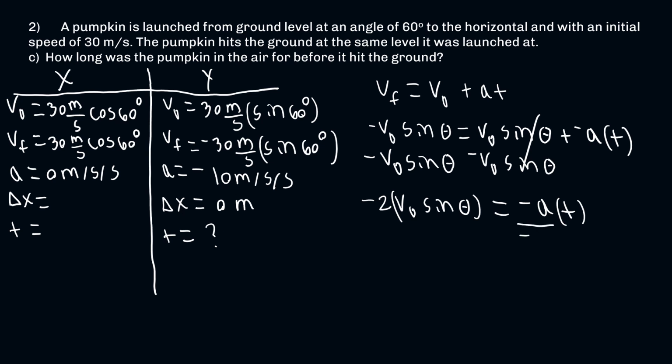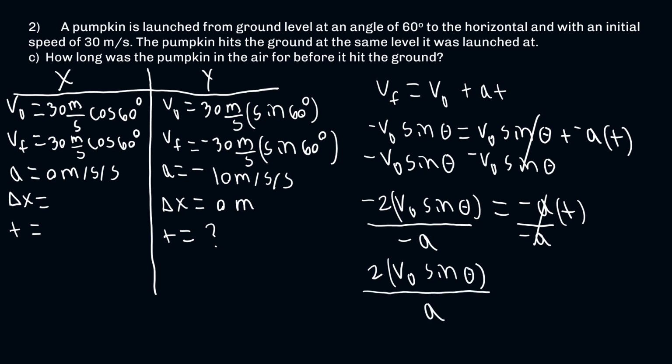So divide out the acceleration from both sides of the equation. Now it's a negative over a negative, so we're just going to have 2 times v naught sine theta all over a is equal to t. And again, the reason I got rid of the negative is that a negative over a negative is a positive.